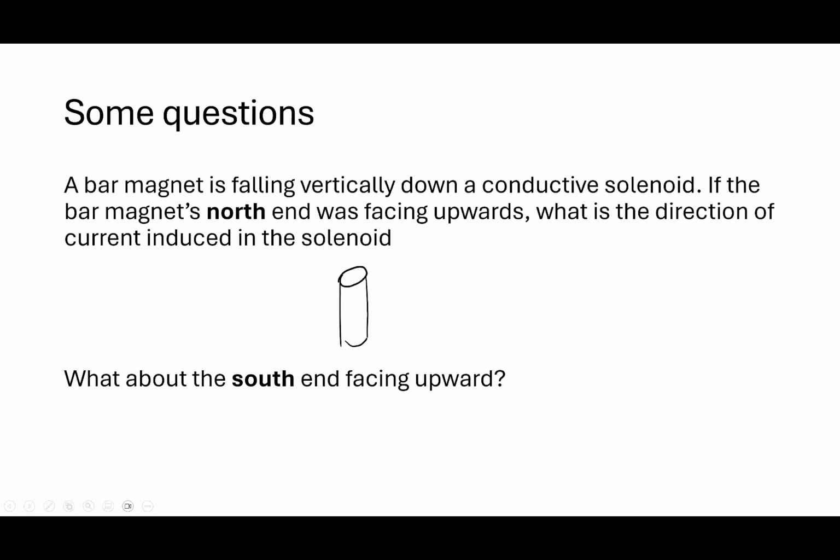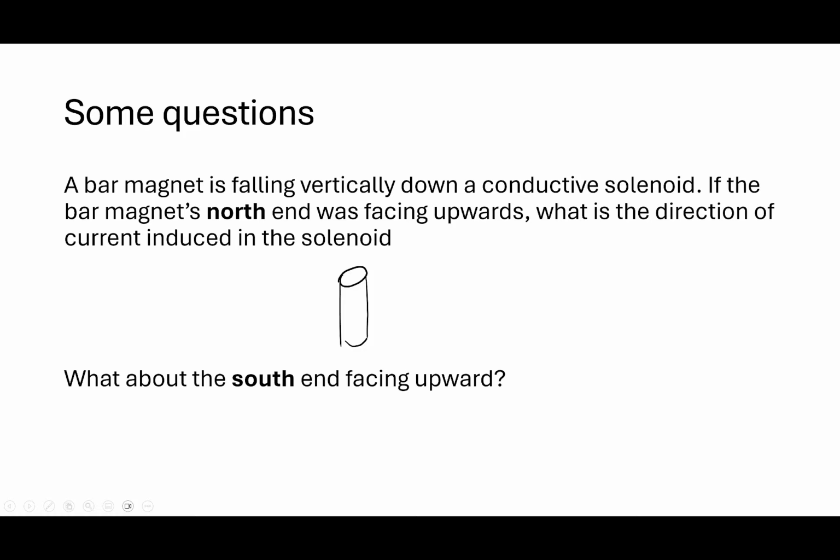It'll have an increase of flux going up throughout the solenoid. So because there's a change in flux, there'll be a voltage induced in the solenoid, and from that a current, and from that a magnetic field. So we need to work out what direction the magnetic field induced in the solenoid is.